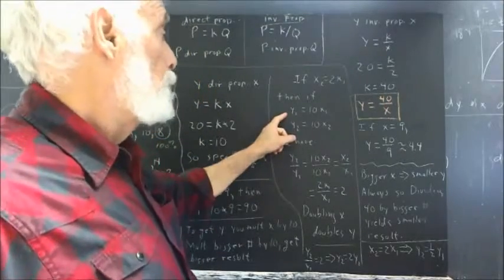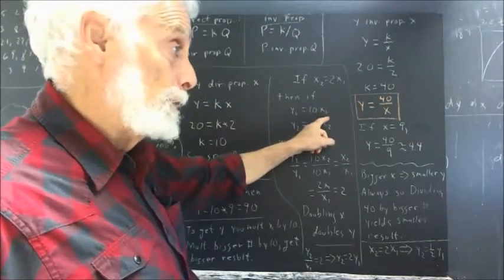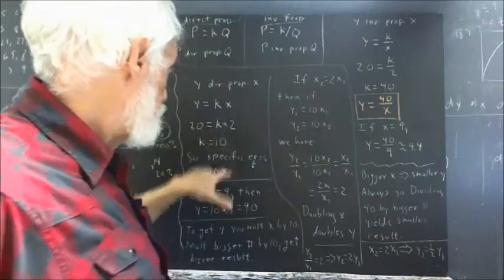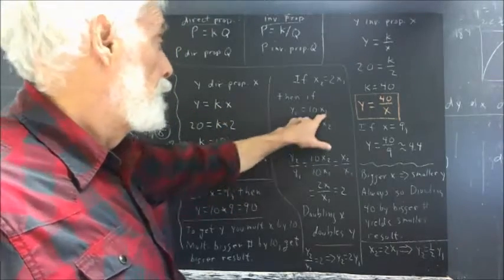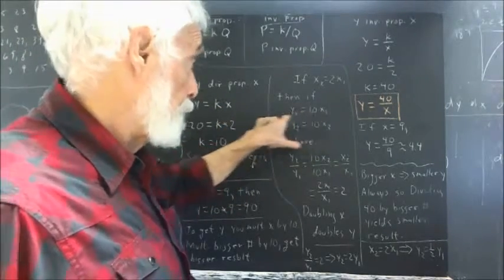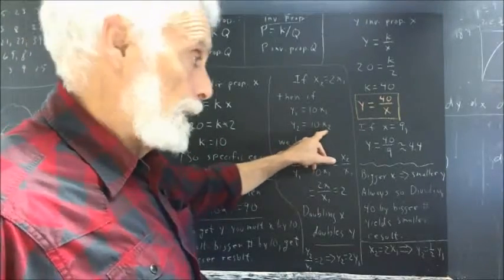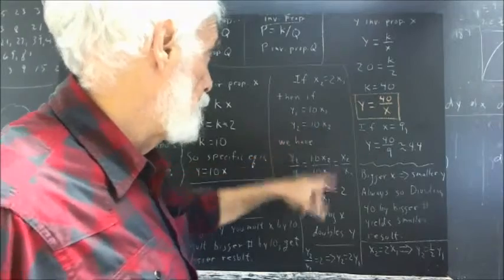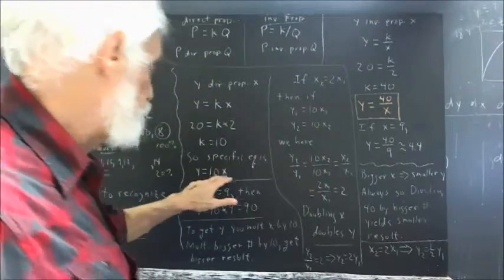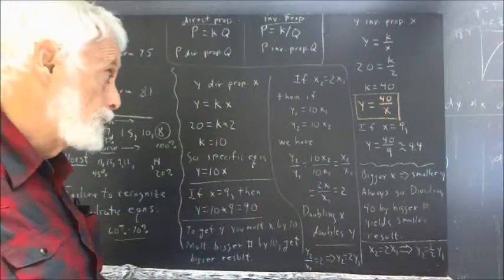Now we're going to let Y1 equal 10 times X1. That's what our proportionality equation would give us for X1. Y1 will correspond to X1. And Y2 is going to be 10X2. So Y2 is the Y value you would get if you plug X2 into the equation for X.